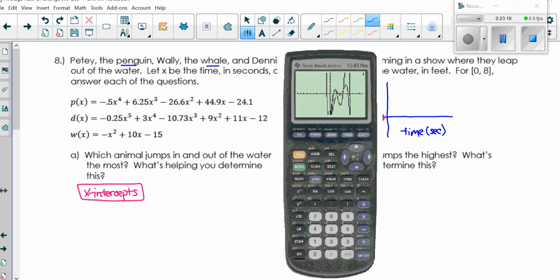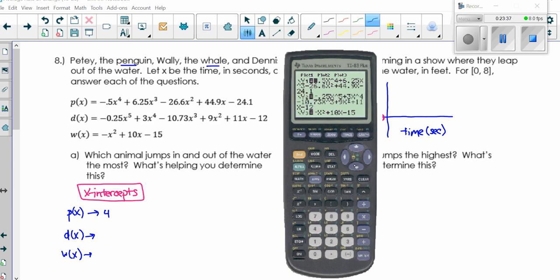It's going to take a while, but I'm going to say P of x has 4 x-intercepts, T of x, and W of x. Okay, and I'm going to do that same thing again because it's kind of hard to see once they're all on there. So we'll count again. There's 1, 2, 3, 4.